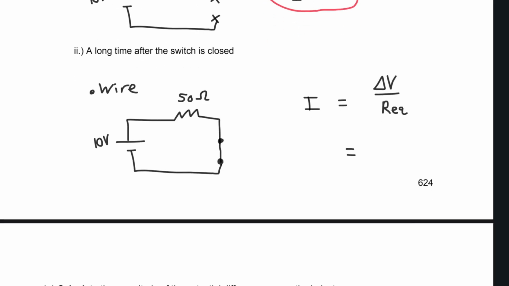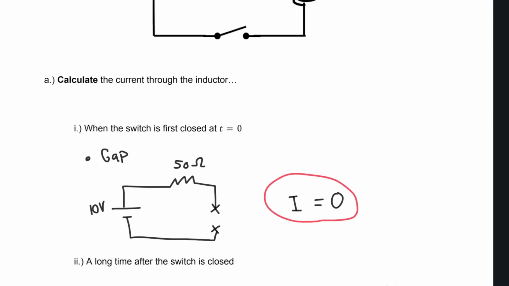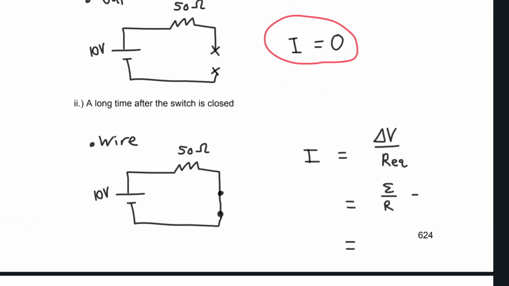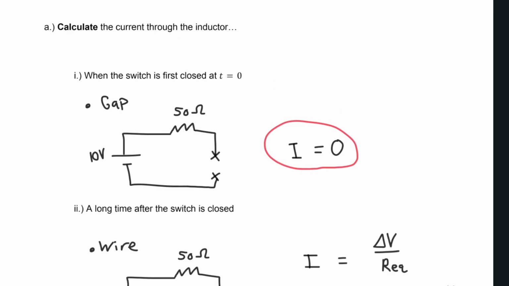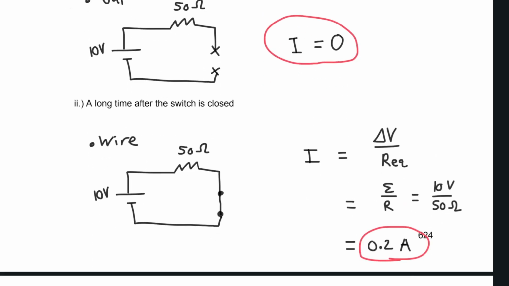And across our resistor, it's just the battery EMF divided by the resistance, which is going to be 10 volts divided by 50 ohms, which is just 0.2 amps. So notice that as we thought, we get 0 current at the start and then some maximum value.